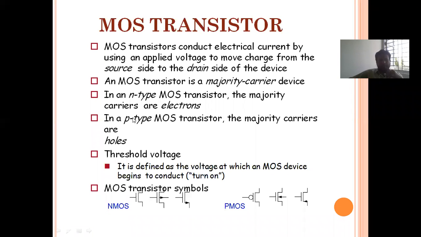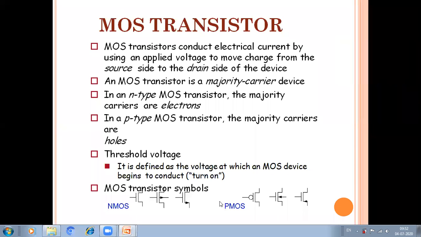That will be decided by the threshold voltage. So what is the threshold voltage? It is defined as the voltage at which an MOS device begins to conduct, to turn on.